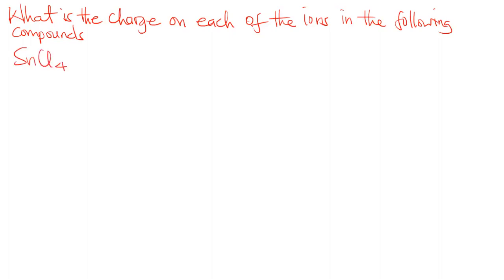SnCl4. So what is the charge of each ion? So first we know that chlorine is in group 7. So the chlorine here is Cl-. So each chlorine is Cl-.